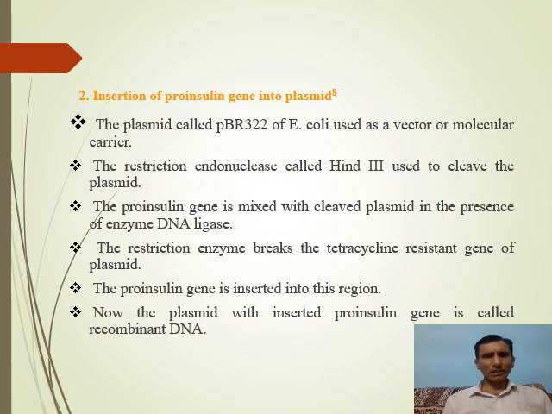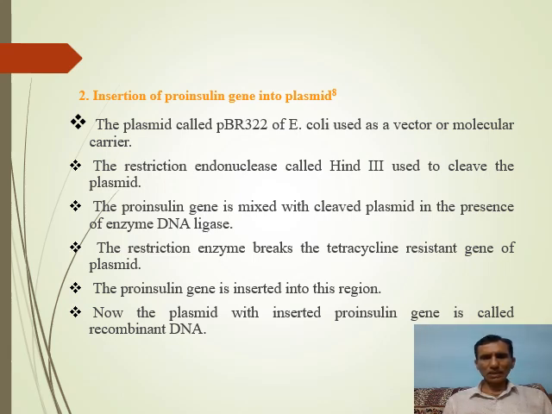Second step, insertion of the proinsulin gene into a plasmid. The pBR322 plasmid of E. coli is used as a vector or a carrier. The restriction endonuclease enzyme HindIII is used to cleave the plasmid. Then the proinsulin gene is mixed with the cleaved plasmid in the presence of the enzyme DNA ligase.